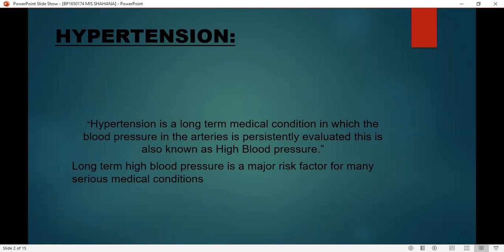Hypertension is classified by two measurements, systolic and diastolic pressure, which are maximum and minimum pressure. Long term high blood pressure is a major risk factor for many serious medical conditions such as angina, heart failure, heart attack, kidney damage, and also leads to kidney failure.